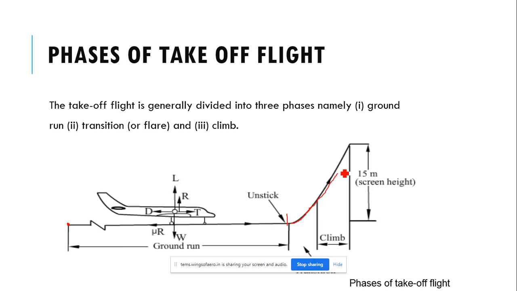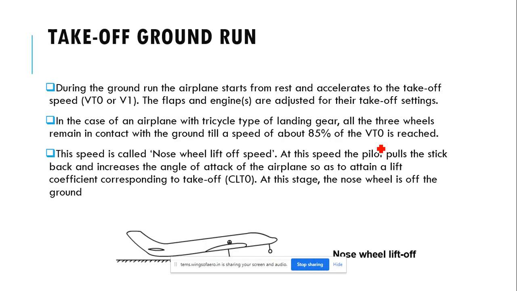After that, it will climb to a certain height, up to 15 meters or 10 meters, depending upon the airport. That region is called the transition region. After the transition region, it will climb to some altitude. So the height of 15 meters from the ground is called the screen height.